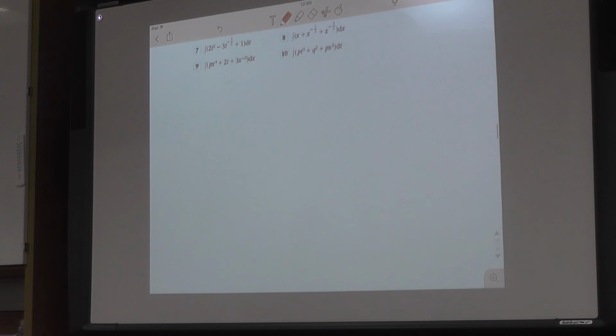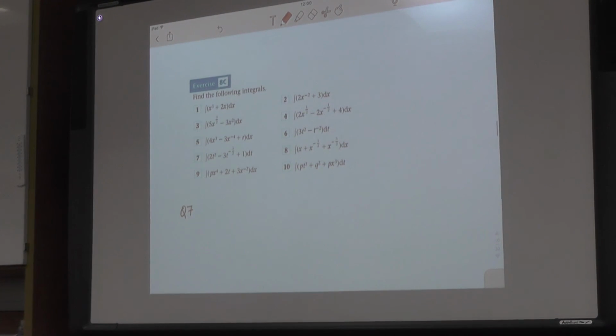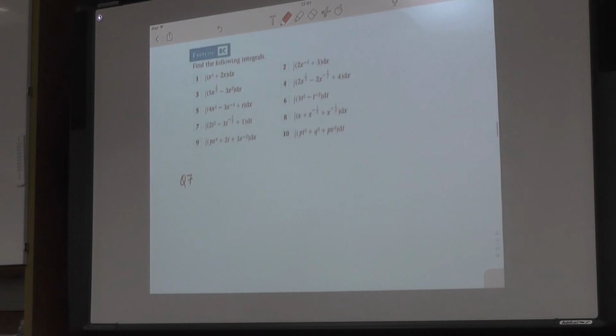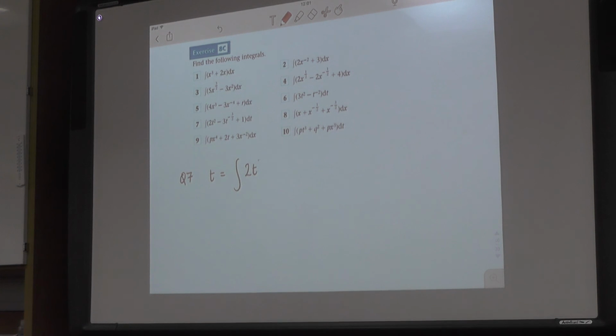I think what I might want to draw your attention to actually is we've got another variable in there. So if we look at question 7, this is on exercise 8C please, on page 9. The variable has changed to t, so all that would mean is the integral of 2t squared minus 3t to the minus 3 over 2.